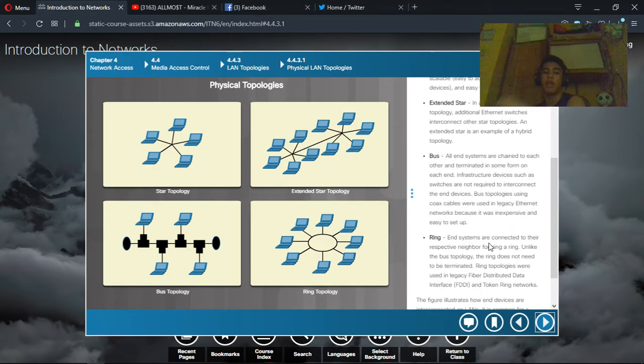In the bus, all end systems are chained to each other and terminated in some form on each end. Infrastructure devices such as switches are not interconnected. And in a ring, devices are connected to their respective neighbor.